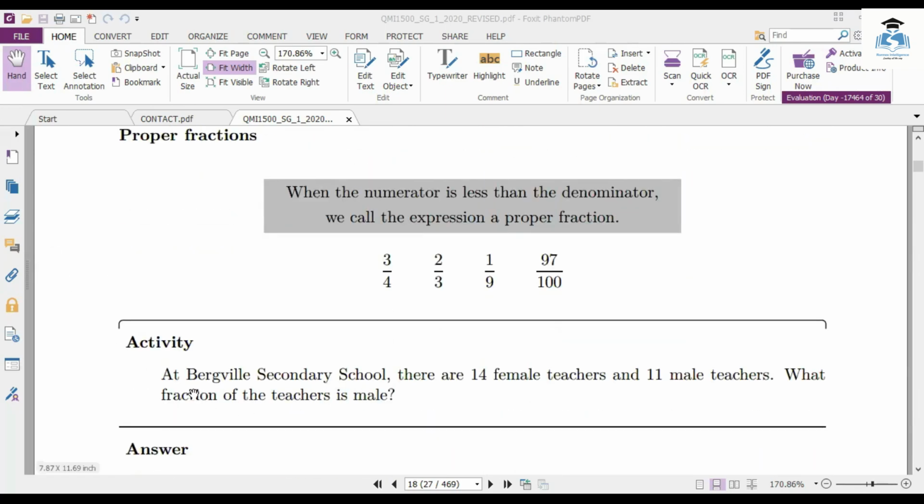All right. Can we do this one? At Beckville Secondary School, there are 14 female teachers and 11 male teachers. What fraction of the teachers is male? How do you calculate this one?